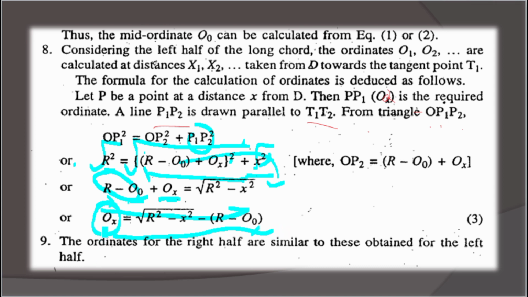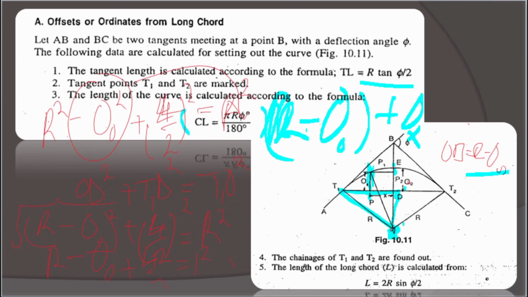In setting a curve, you will need to know where these offsets are, and these are the offsets that will be used to set the curve. So offsets will be from here, the long chord, to a point on the curve, and that is the offset that will be needed to calculate.